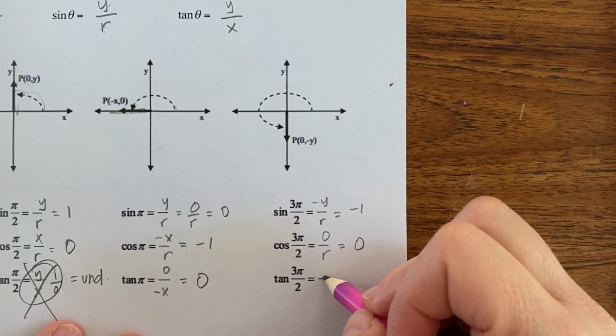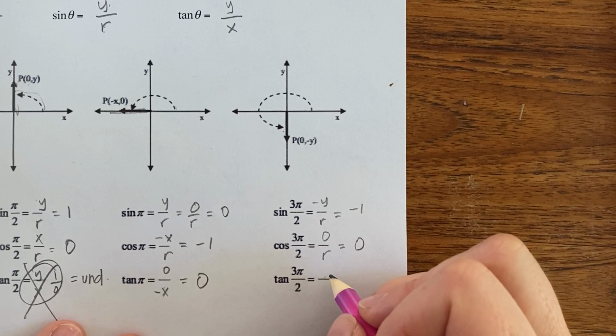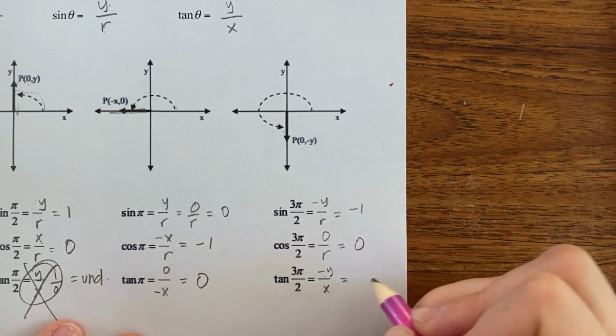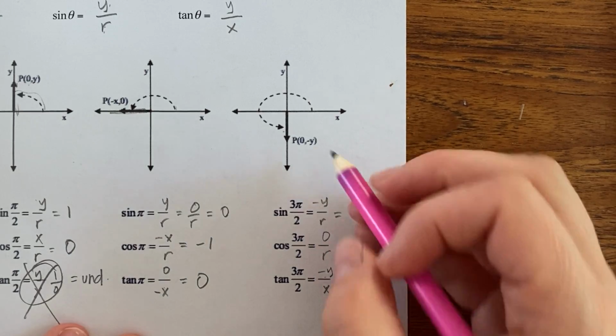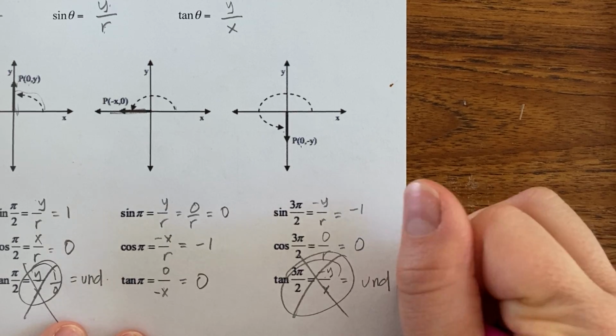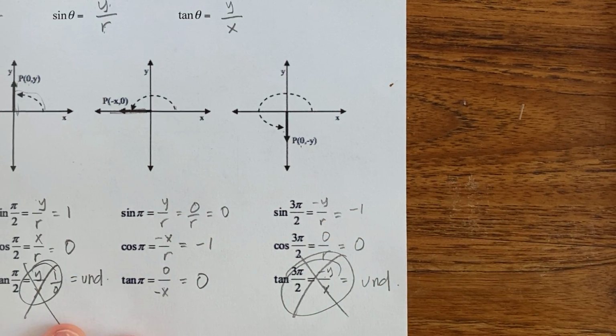And the tangent will be negative y over x, which will be, since x is 0, oh my God, we divided by 0. Undefined. Okay, hope that makes sense.